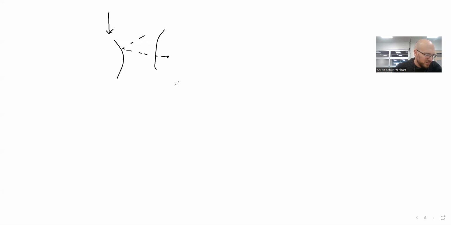This one says the vertex of the second reflector is 3 inches from f1 and 21 inches from f2. So I've got f1 here, and they've got a reflector drawn here. They told me that's 3.